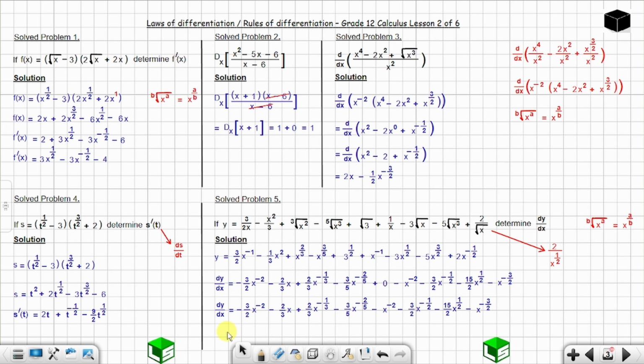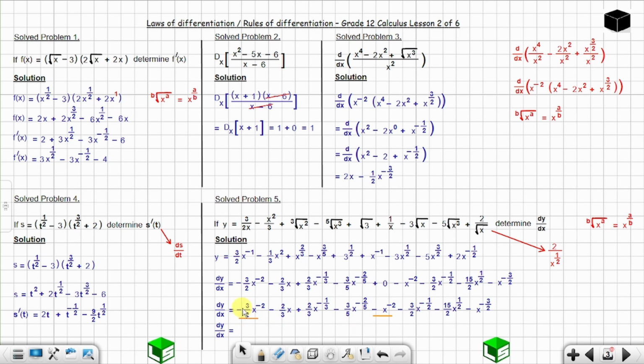Let's carry on. The derivative is equal to, you can see you have like terms, this and this. You can see the exponent is the same. Okay, the exponent is the same, negative 2 and negative 2. So these are like terms, right? Because the exponent is the same, you are going to add your like terms.